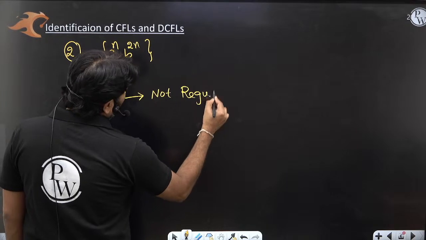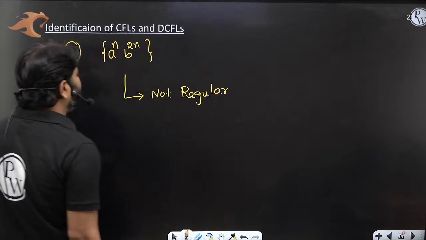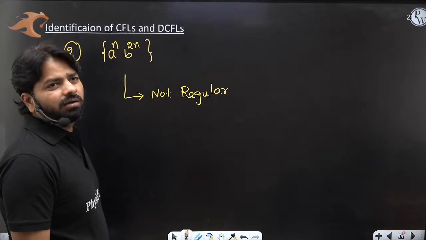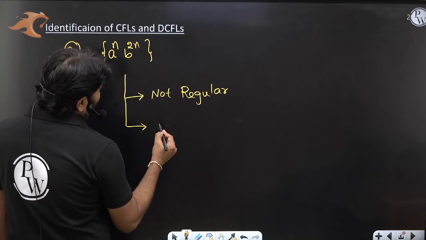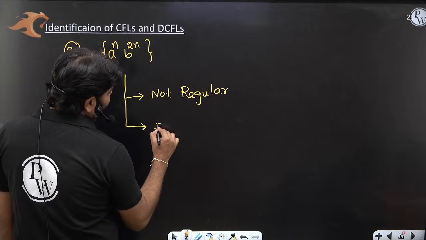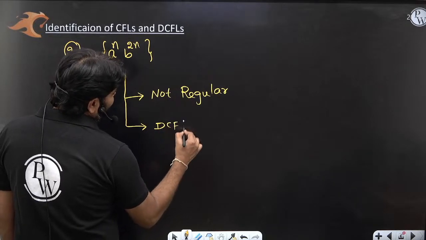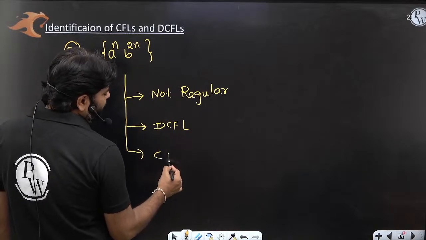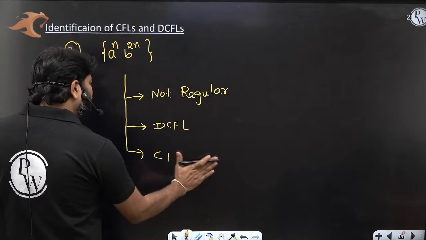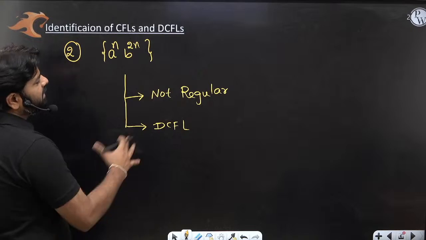Why is it not regular? Because we don't have a finite automaton, we don't have a regular expression. So many reasons why. And second, it is DCFL. And hence, no need to write that it is also CFL. Once I say DCFL, it is definitely CFL too.